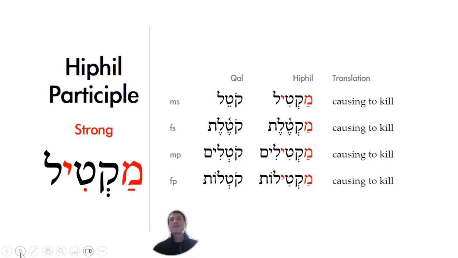Now, think about how this is different than a Piel participle. The Piel participle under the mem will have a vocal shva. Hifil, it's an a, patach vowel. So we have maktil, maktilah, maktilim, maktilot. And you translate it just like you do a regular participle with the meaning of that verb in the Hifil stem. And it can be used just like every participle can, predicatively, substantively, or attributively.